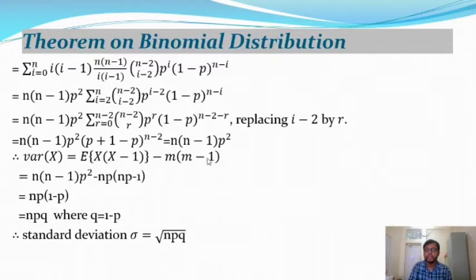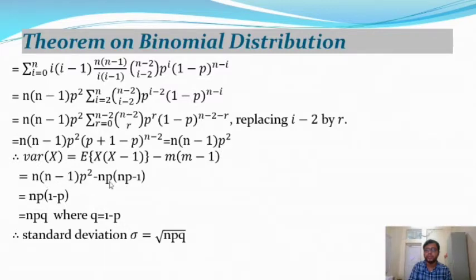This is the property for the discrete case. Here m is equal to n into p, which I have already found. Now putting the values of the expectation of x into (x minus 1) and m, the mean of the distribution, it gives n into (n minus 1) into p squared plus np minus (np) squared.